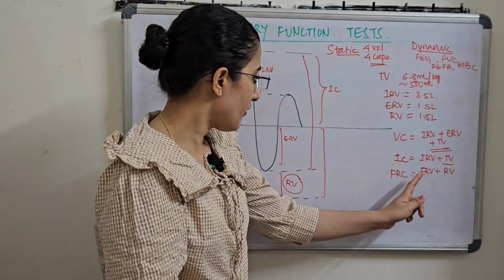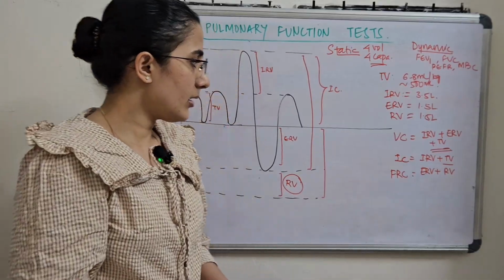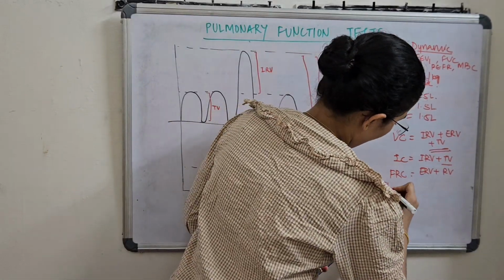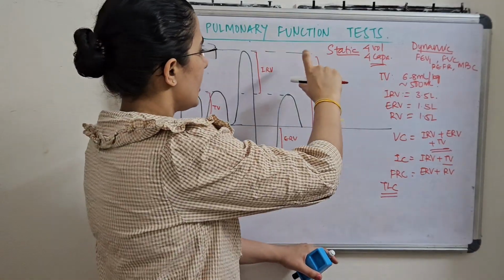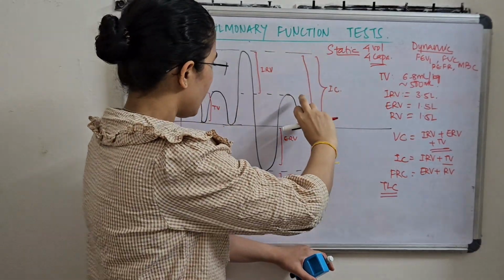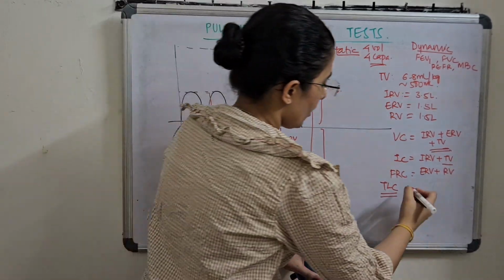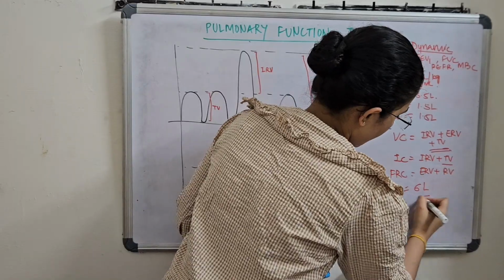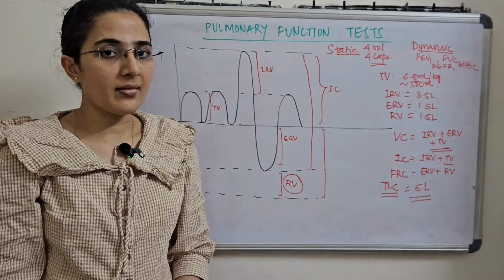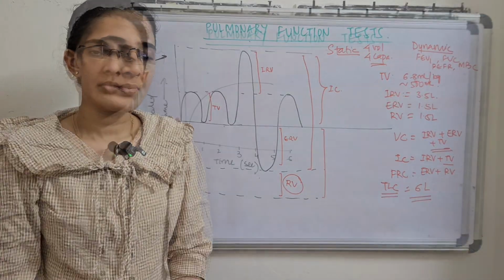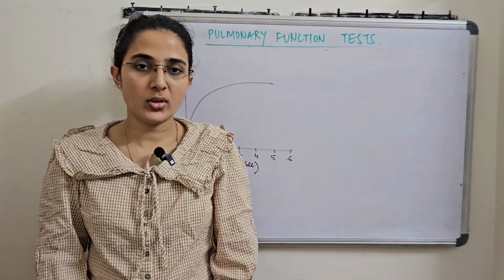Another capacity is the total lung capacity, which includes the inspiratory reserve volume, the tidal volume, expiratory reserve volume and the residual volume. Together normally it's about 6 liters for an average adult of about 70 kilos.